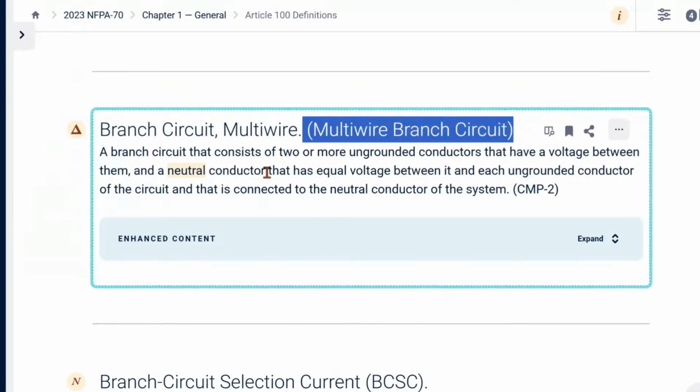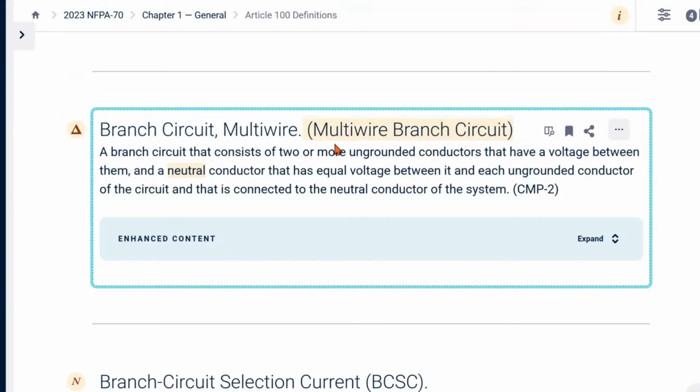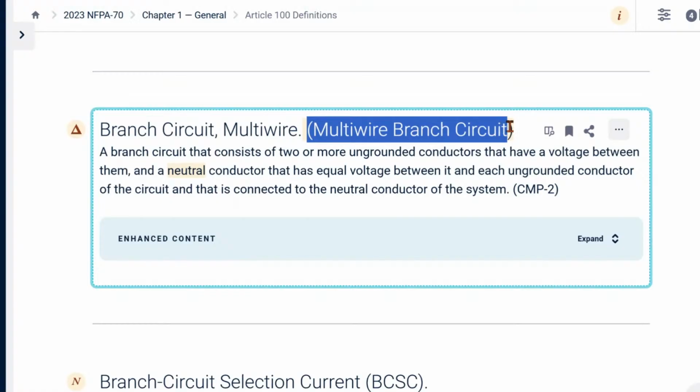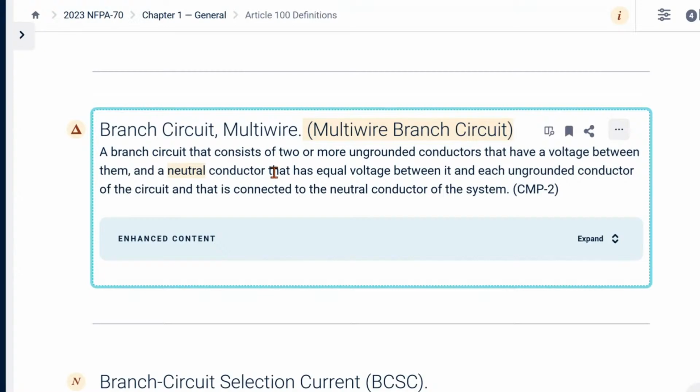So if you're searching, nobody's going to search branch circuit, multi-wire. So by putting this in here like this, the common way that we would say it, it's now going to come up better in your search results. So if anybody wondered why that was done that way, this is done all throughout the code. But again, it is a branch circuit, and of the type, this is a multi-wire.